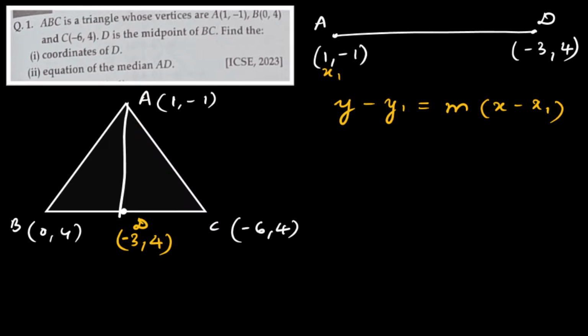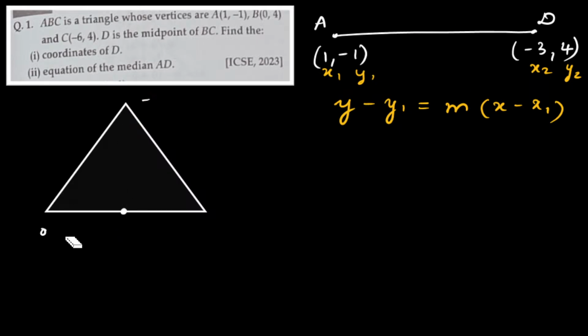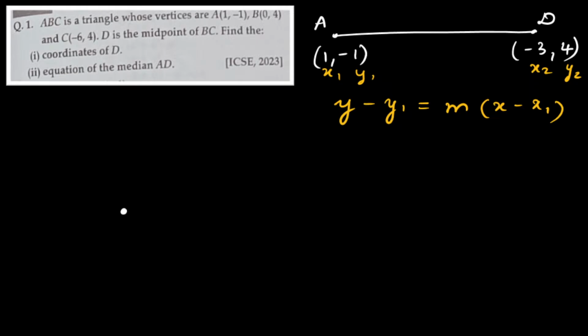A's coordinates I'm writing as x1, y1, and D's coordinates as x2, y2. Like the way I'm drawing individual lines, you also try to draw the lines, because it will be very easy for you that way, or else you might get confused.